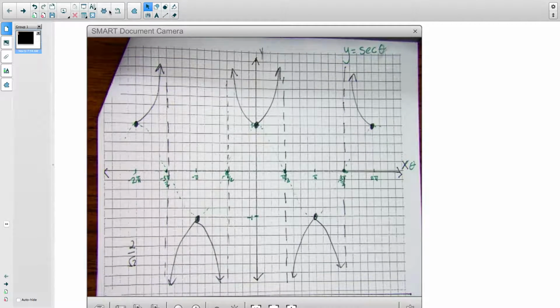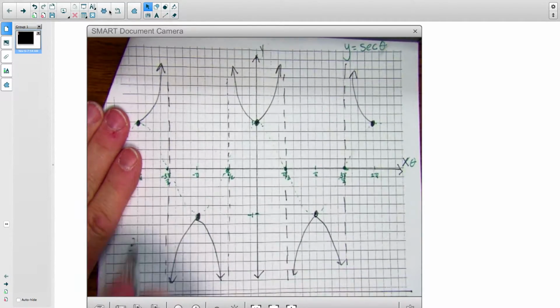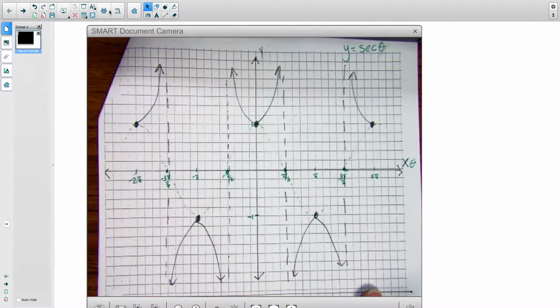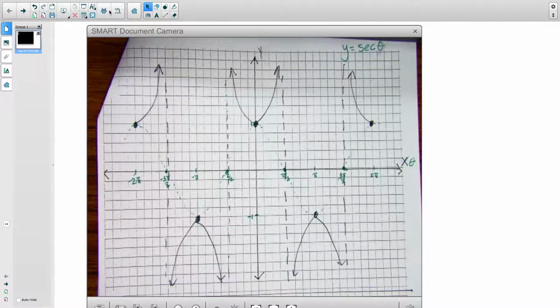That's pretty cool. So the domain of our secant is no longer all reals.